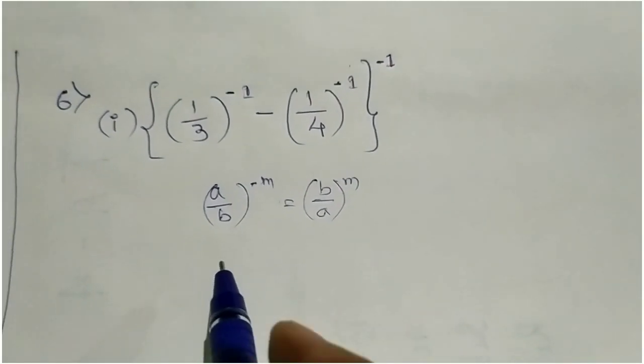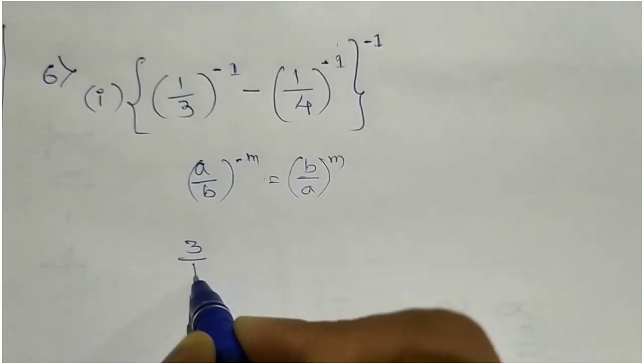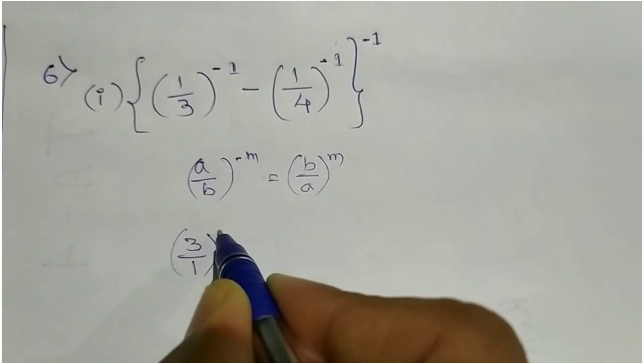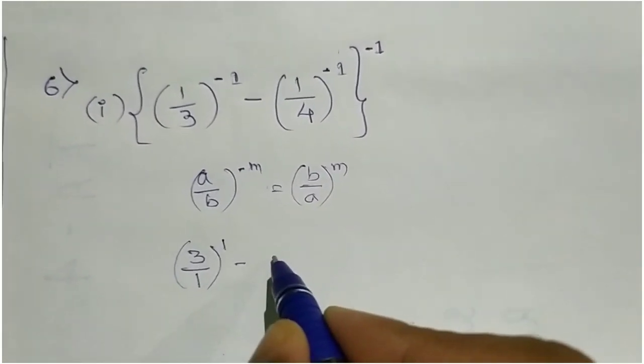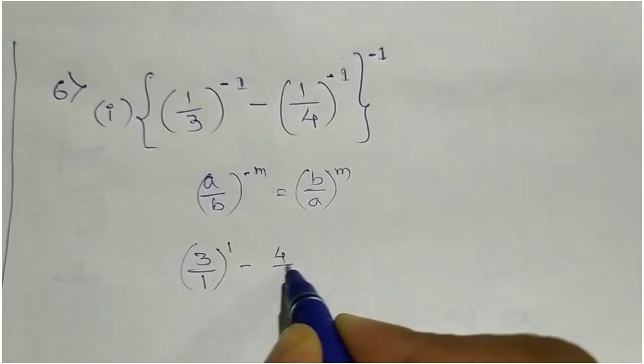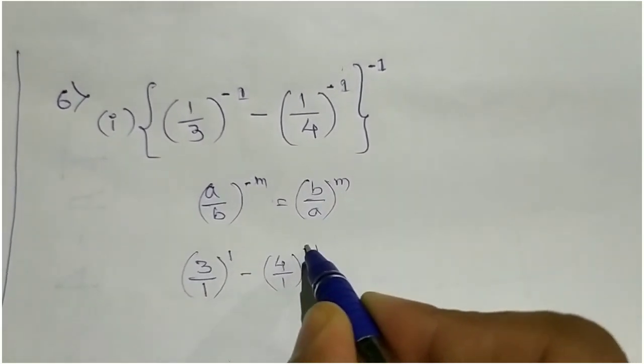So (1 by 3) whole power minus 1, we can write it as (3 by 1) whole power plus 1, minus, next again (1 by 4) we can write it as (4 by 1) whole power 1. Okay, it becomes plus.